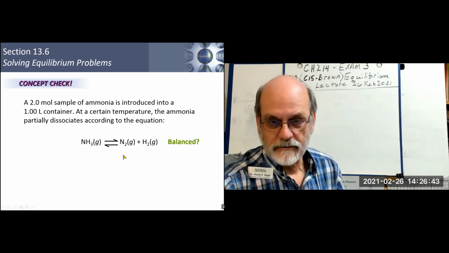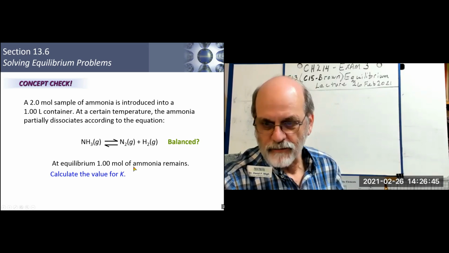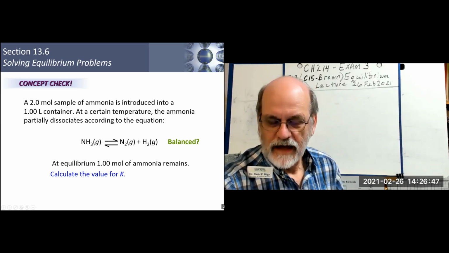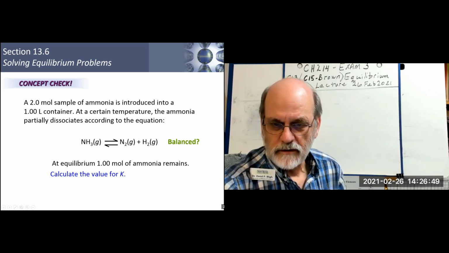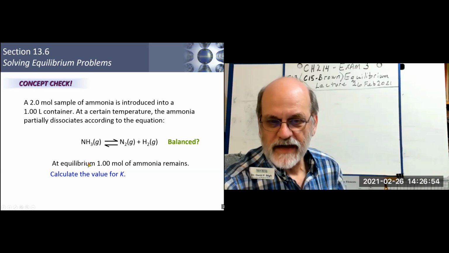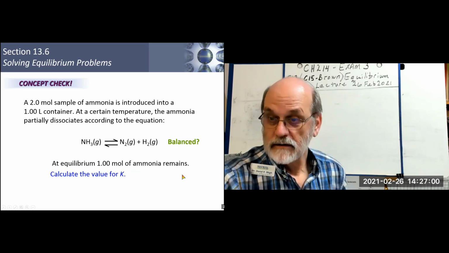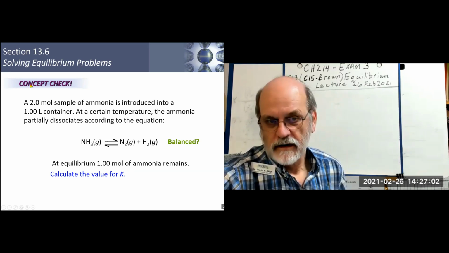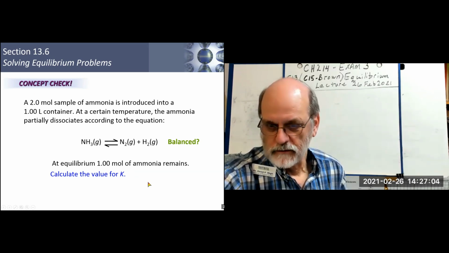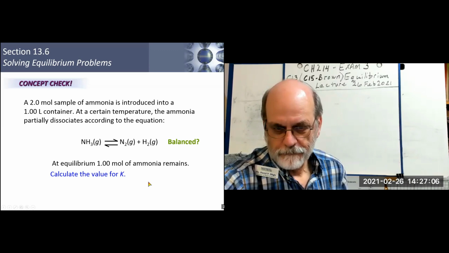You have to balance it. And then the question is, at equilibrium, it says that 1 mole of ammonia remains, so we've used half of it. It's gone from 2 molar down to 1 molar at equilibrium.